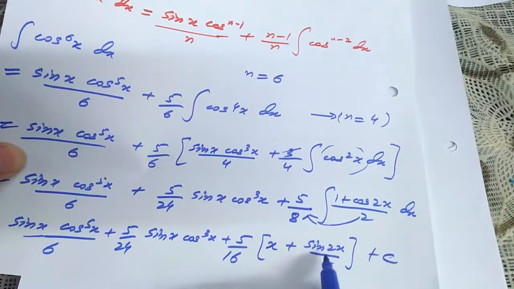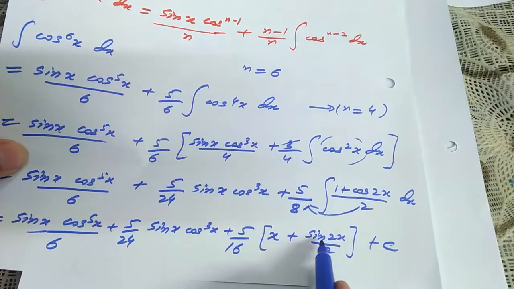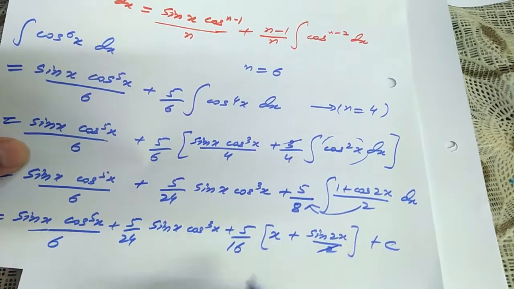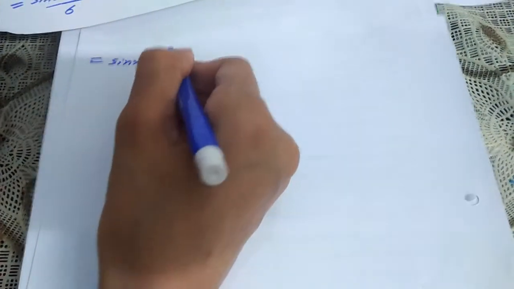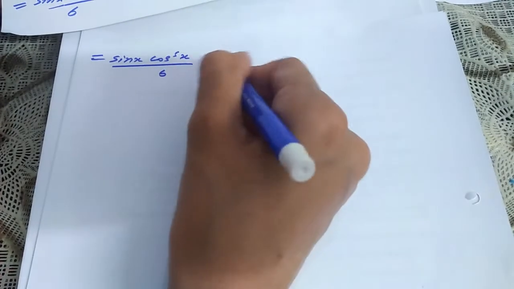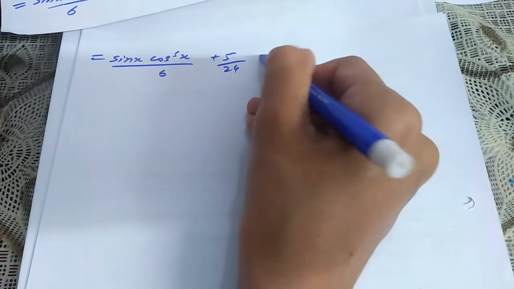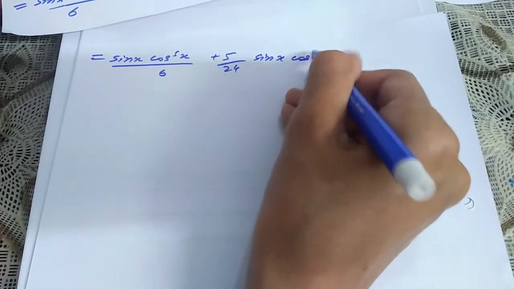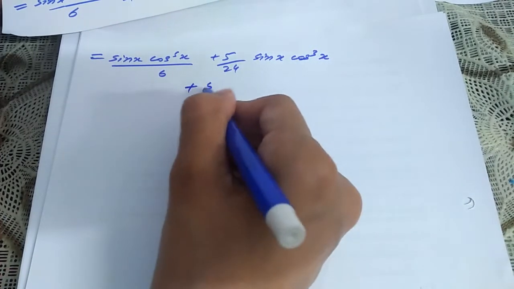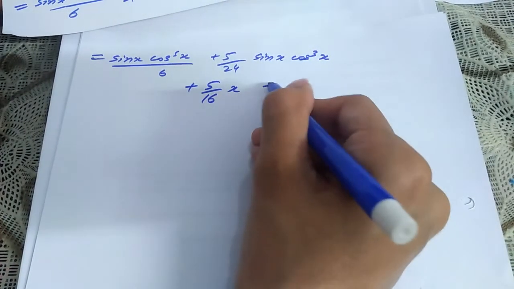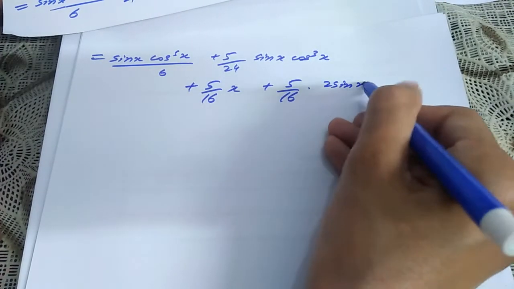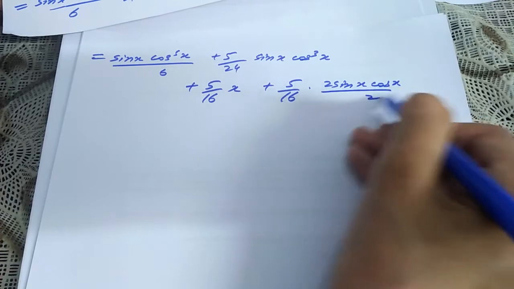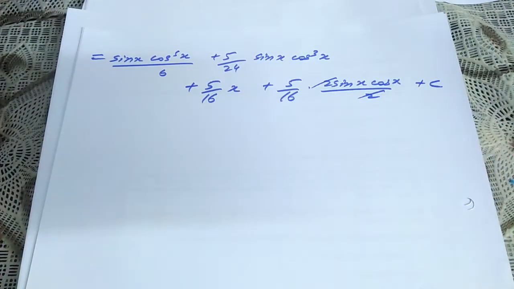So now this sine 2x, we know that it is equal to 2 sine of x and cos of x. This 2 and that 2 will be cancelled out, and then open the bracket. Now this 2 and this 2 can be cancelled out.